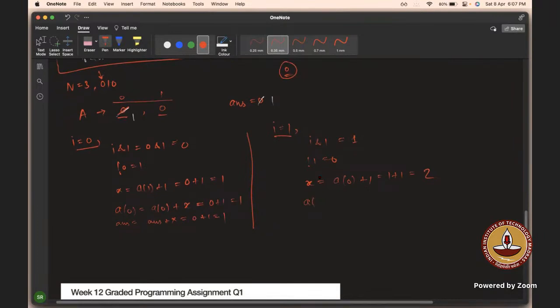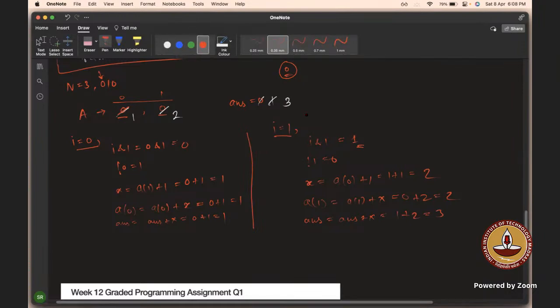And now we update a1 equals a1 plus x, that is a1 was 0, right? So 0 plus 2 equals 2. So we update this a1 to 2, right? And we update answer plus x, that is 1 plus 2 equals 3. So this updates to 3.